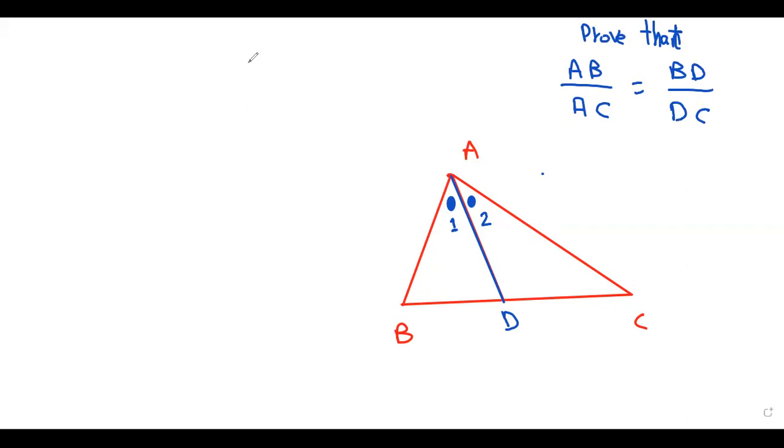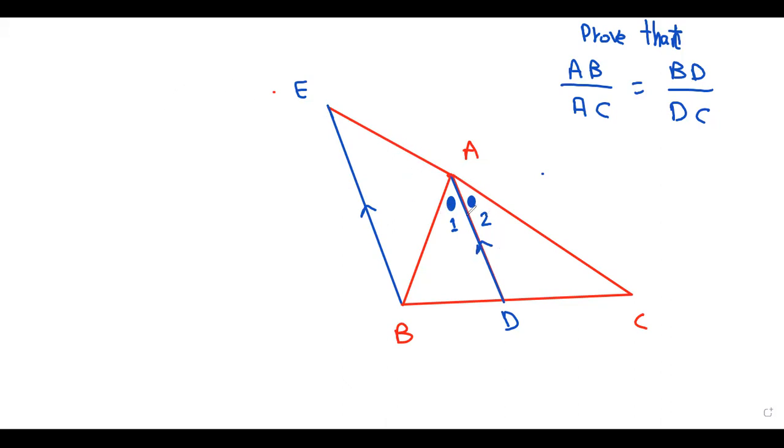Let's draw a construction. Let's draw a side parallel to AD, as you see here. So I have drawn BE parallel to AD.